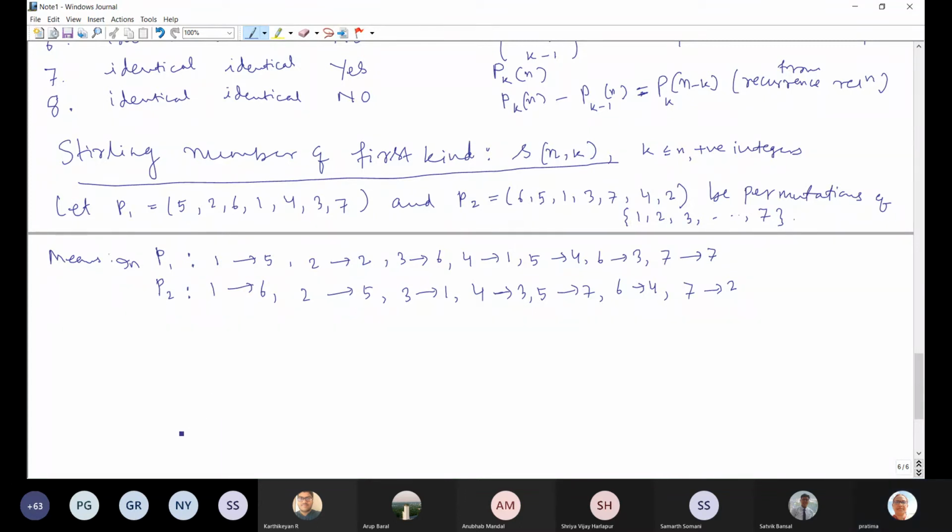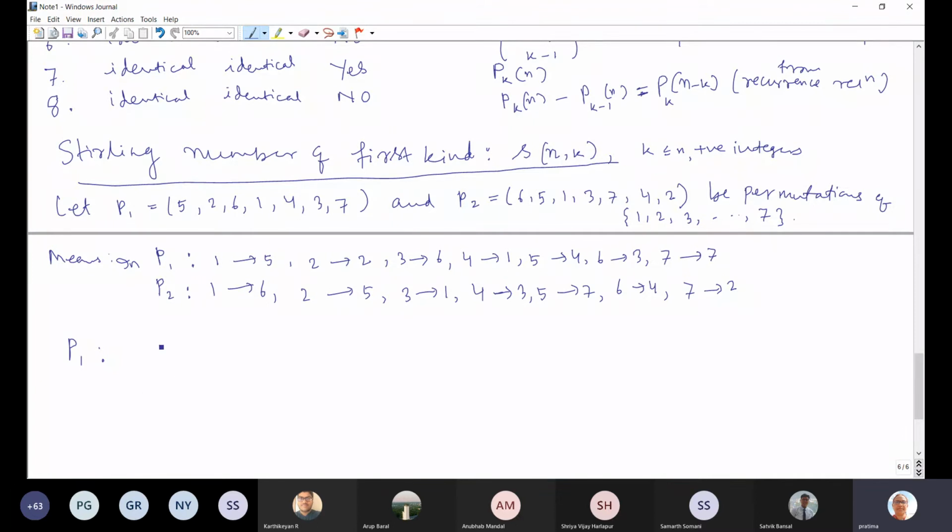Now I'll draw a diagram for this P1. What P1 is doing is forming a cycle like this. 1 goes to 5, 5 goes to 4, and 4 goes to 1.